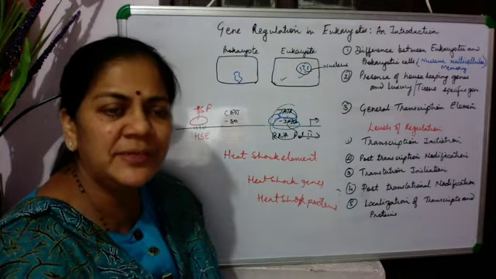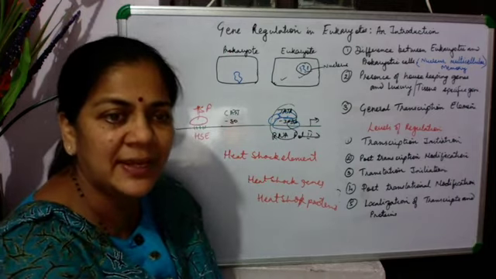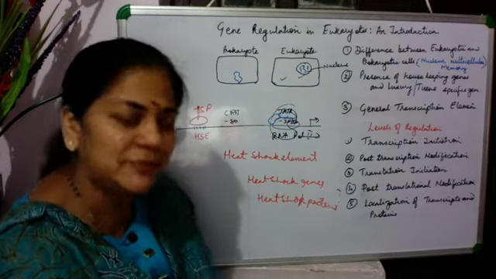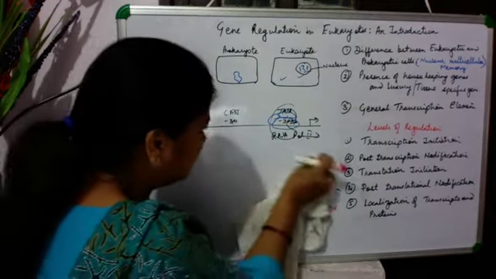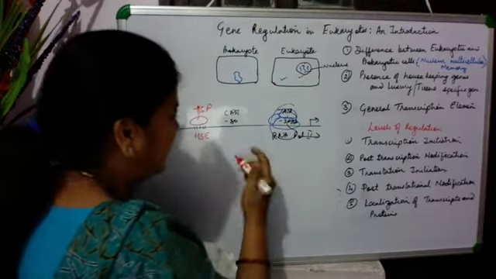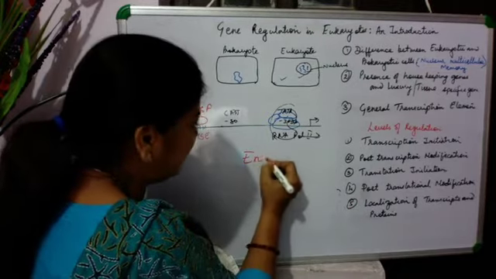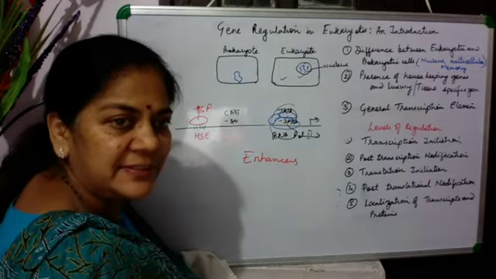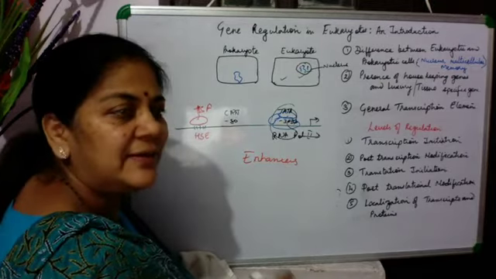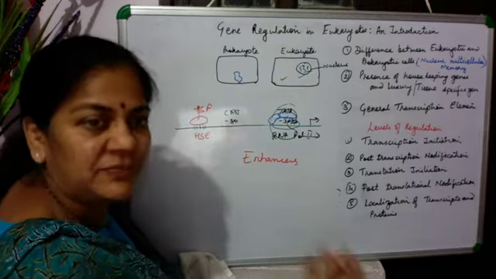Now, apart from these transcription factors and activators, there's another set of activators called enhancers. As the name suggests, these enhancers enhance the transcription of the gene.